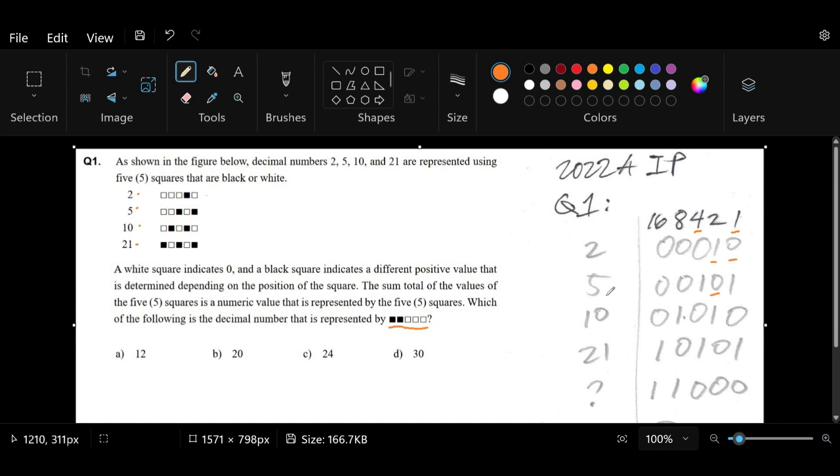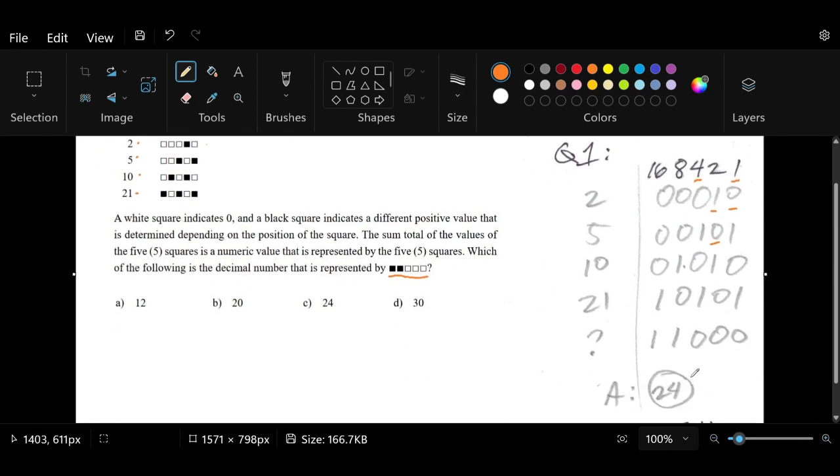Now, once we understand this idea, how we can arrive at the decimal value from a set of squares that have either black or white, we can now look into the final sequence that is being asked of us, and from there we can find out what would be the decimal number.